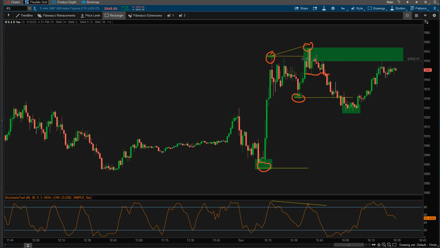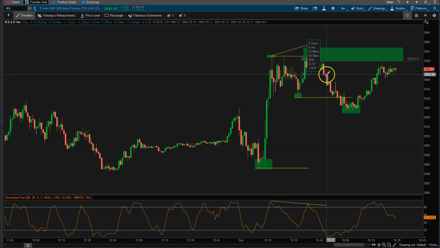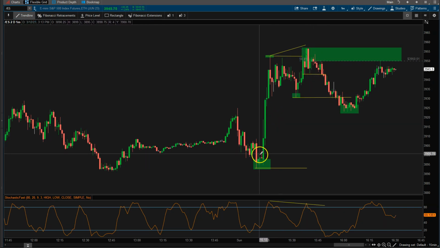If I draw a trend line, we break down to the other side of it. The minute we take out this low, it shifts the entire market from an uptrend into a downtrend. We break through with big red candles, then rally, making lower highs and lower lows.